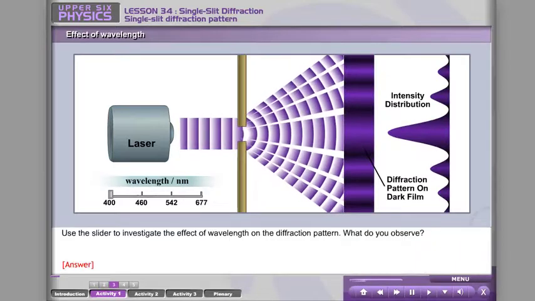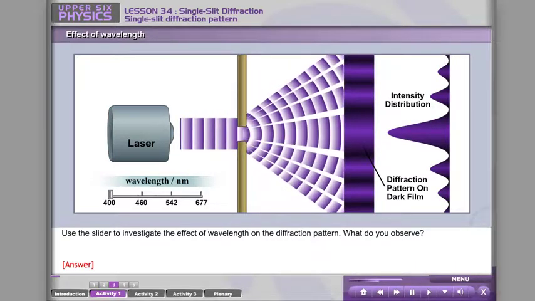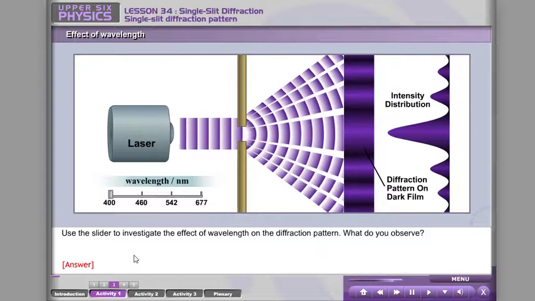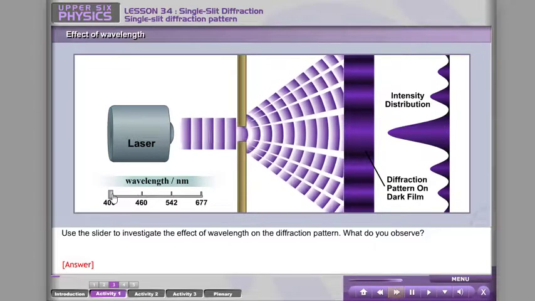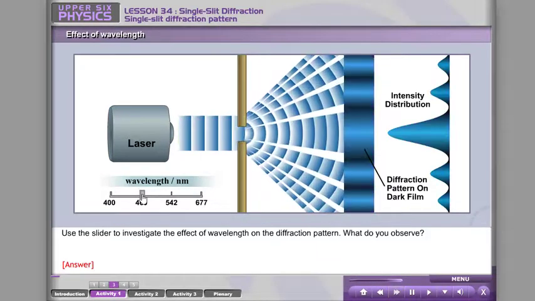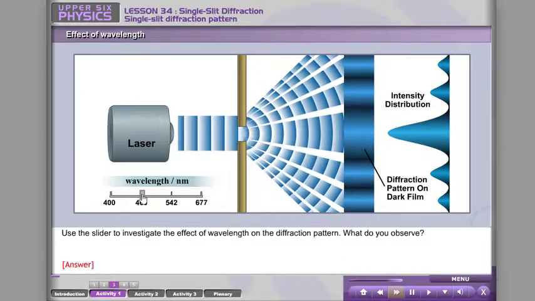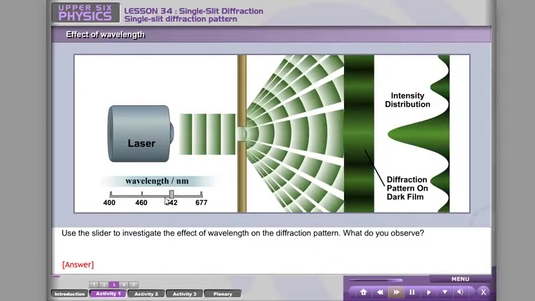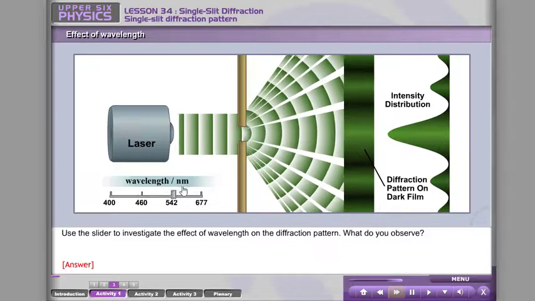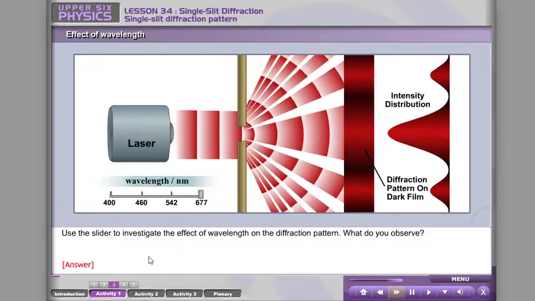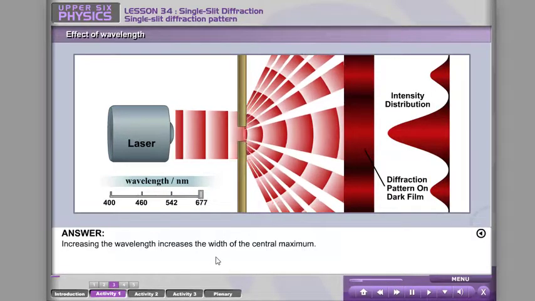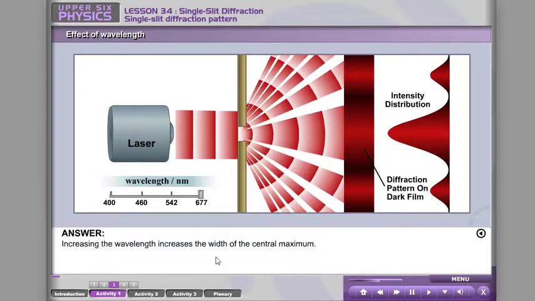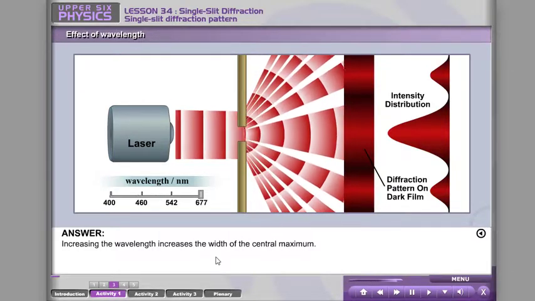Use the slider to investigate the effect of wavelength on the diffraction pattern. What do you observe? Answer: increasing the wavelength increases the width of the central maximum.